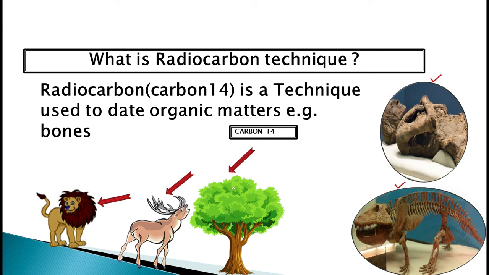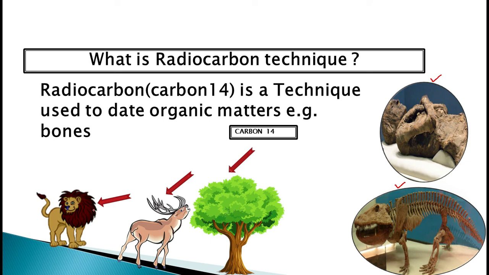Whenever any animal eats the plants, some amount of carbon 14 goes into the body of the organism, and whenever that animal is eaten by another animal, some part remains in the body of that animal also, and it is excreted out through the excretory system as long as those animals are alive.